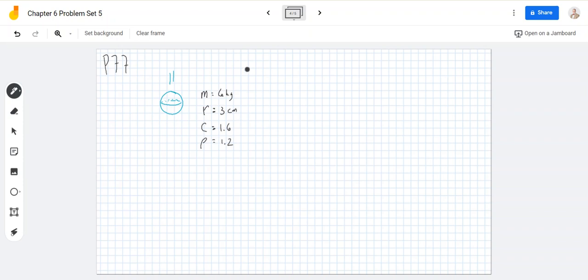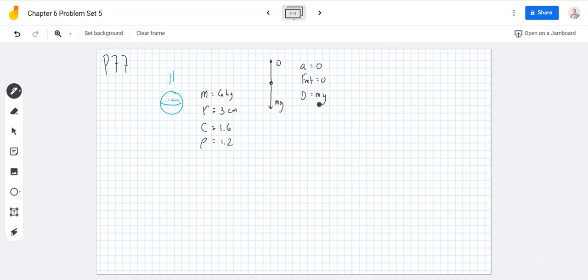So I know that if it's falling at terminal velocity, the thing that's important is that it's at terminal velocity, right? Which means that the acceleration is equal to 0, therefore the net force is equal to 0, and therefore the drag is equal to the weight.